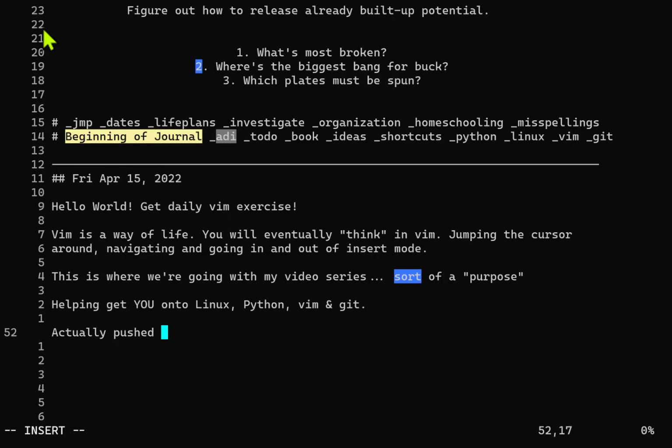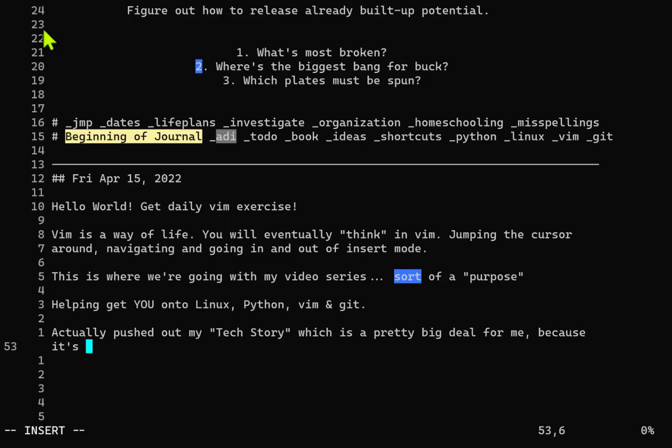I actually pushed out my tech story, which is a pretty big deal for me because it's sort of a book I am working on, but not really.